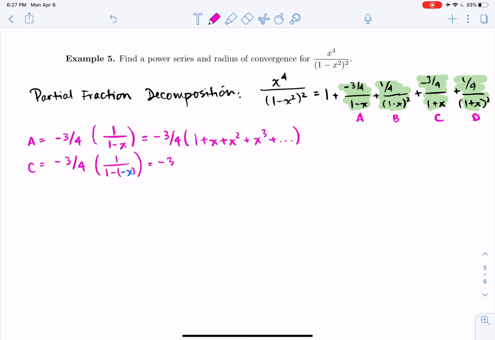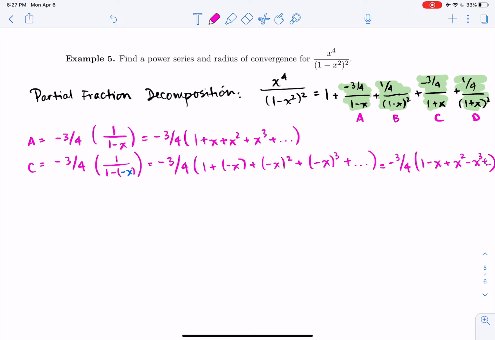So we'll have 3/4 times 1 plus not x, but minus x, plus not x squared, but minus x squared, plus not x cubed, but minus x cubed, etc. Okay, so this series will have negative signs popping up here and there. So we'll have 1 minus x, the negative x quantity squared will be a positive x squared, minus x cubed, etc.